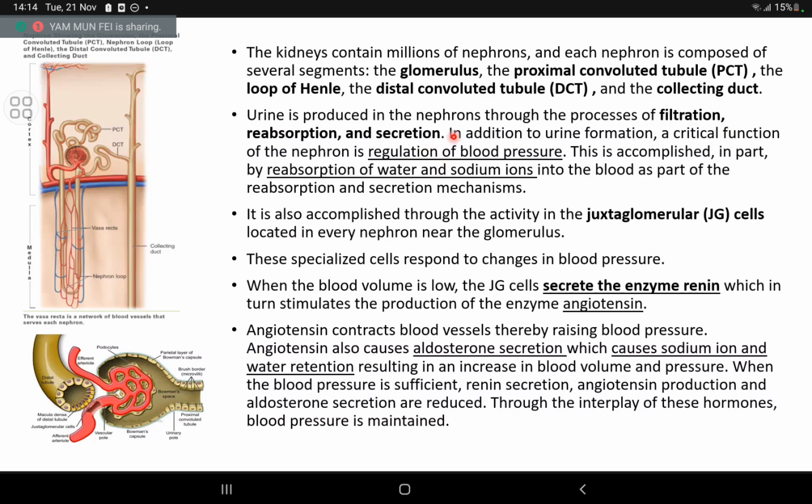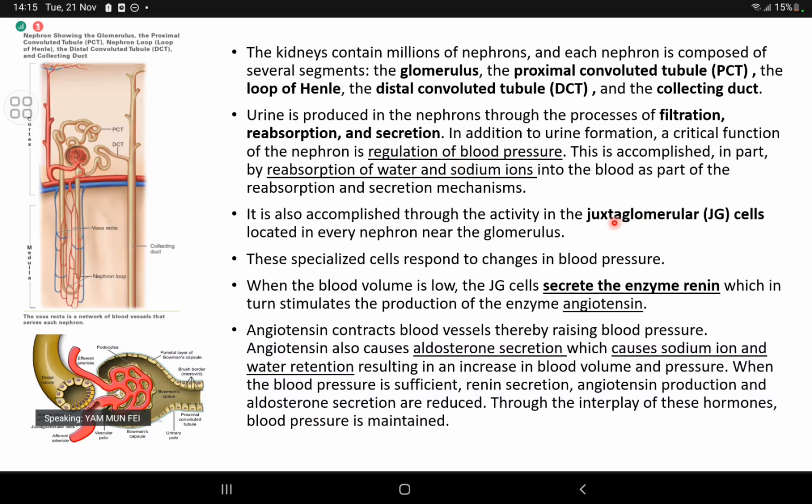Once you perform these three main functions, you are able to control your blood pressure, either by reabsorbing or decreasing the reabsorption of water, or excreting water or sodium. When you need to increase your blood pressure, normally your kidney will reabsorb more sodium and water as well. Once you reabsorb more sodium, you automatically reabsorb more water into your bloodstream because of osmotic pressure.